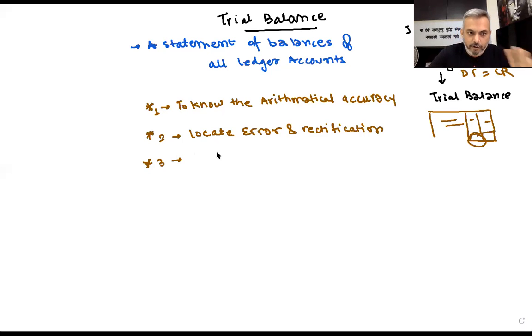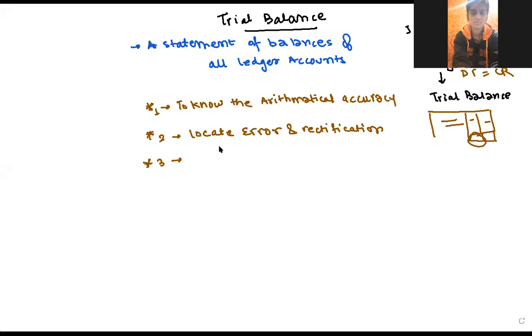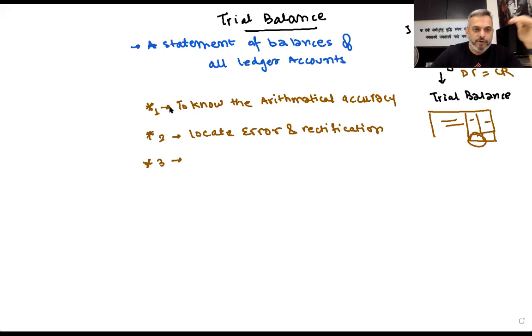So if you ask, sir, does it mean that if the trial balance tallies, our books of accounts are perfect? I would say no. We cannot say they are perfect. We can say mathematically they are correct. If you want to check whether they are proper or not, we have to go into detailed checking of everything. And then maybe we may be in a position to form some opinion about it.